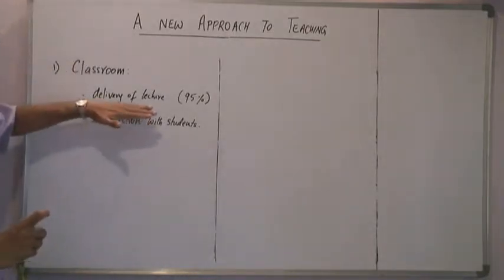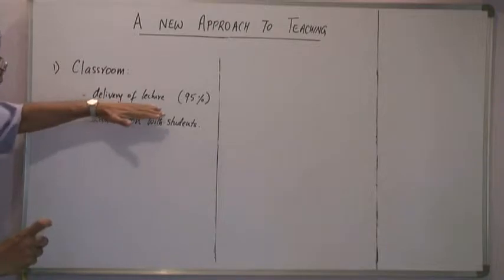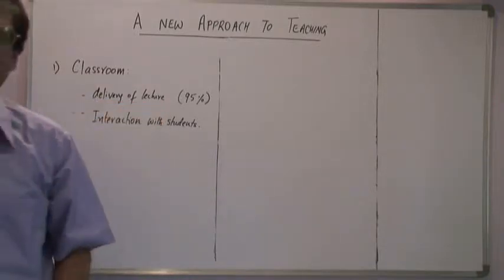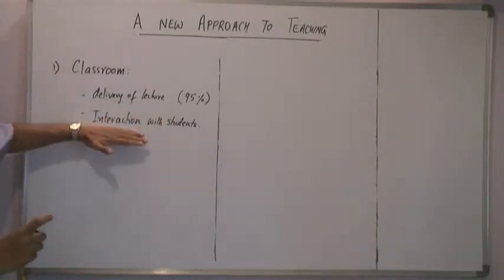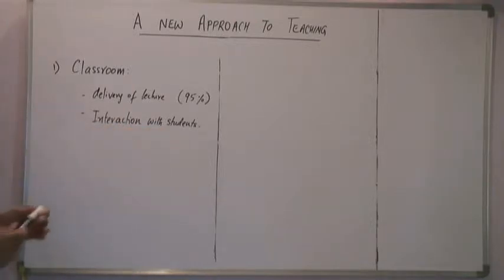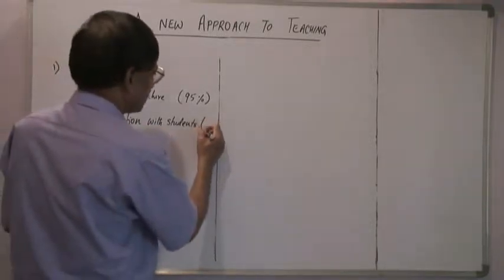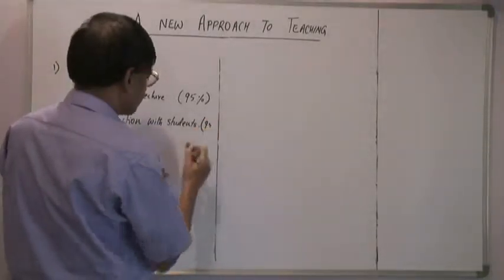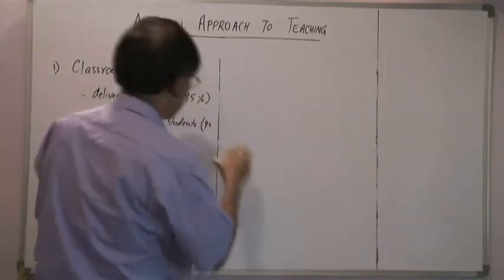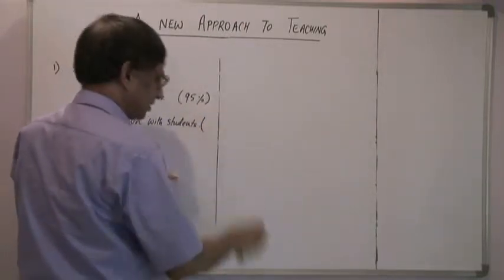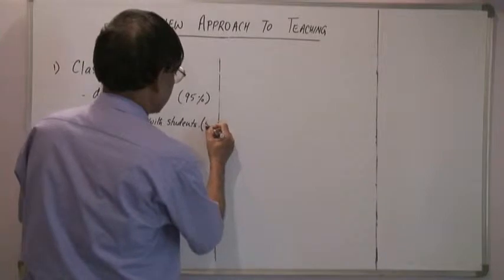And then in between the lectures, probably there are some questions being asked by the students. That's what I call interaction with students. And I believe this interaction with the students constitutes about 5% of the time of the lecture.